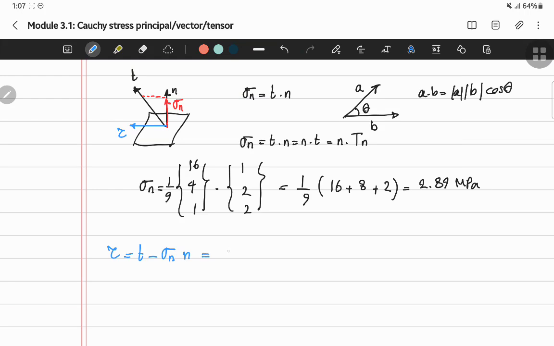So you get t, which is 1/3 of 16, 4, 1, minus sigma, which is 2.89, times 1, 2, 2, and you have 3 in here also, and you can calculate tau in here. So here you get t as a vector.